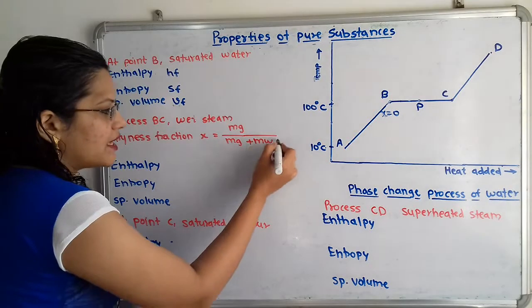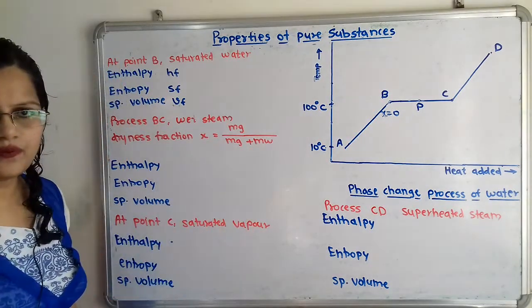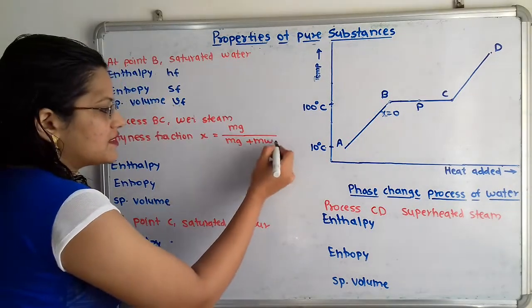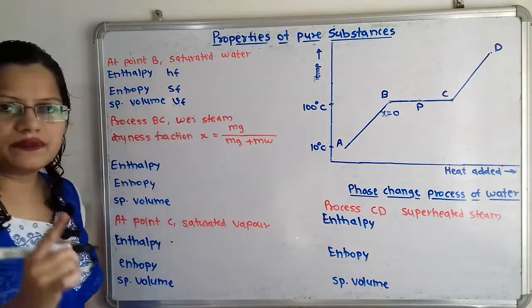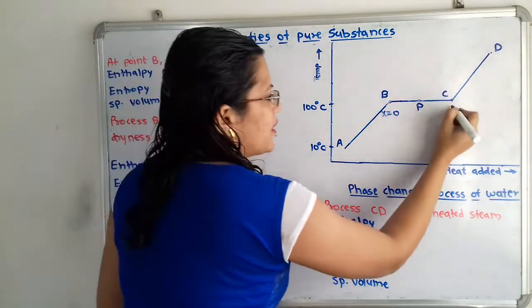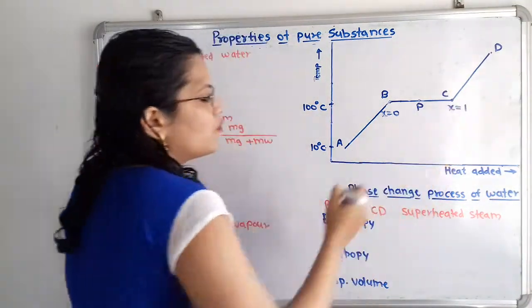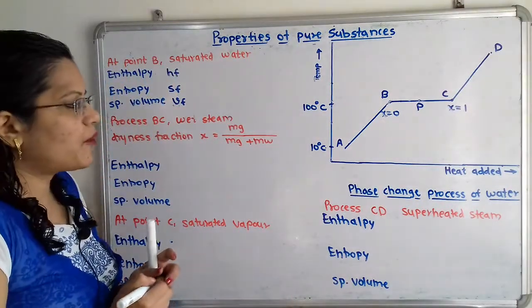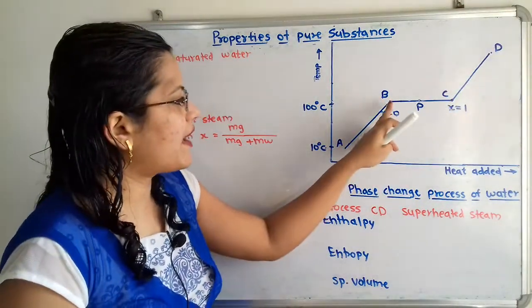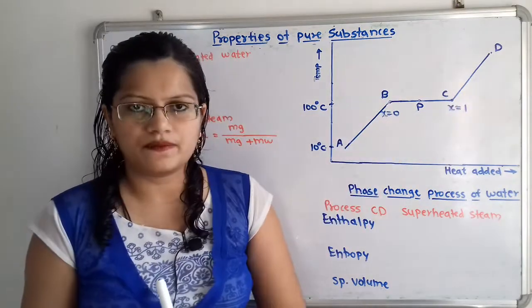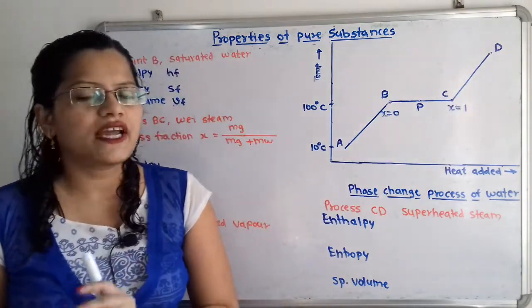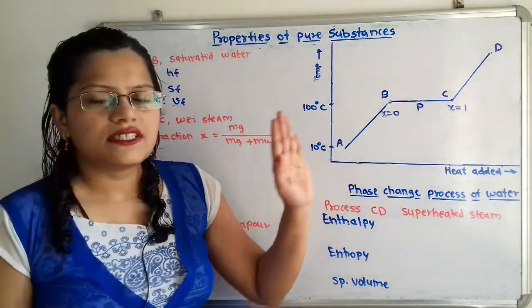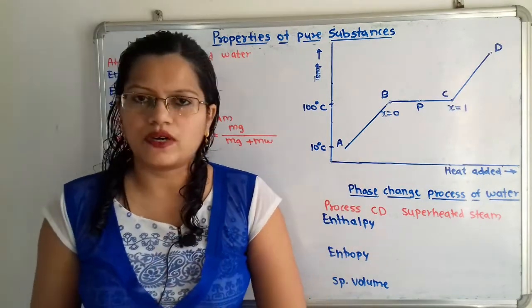That means this mw will become 0. So no water traces are there. So mg divided by mg is equal to 1. So at this point C, X is equal to 1. And any point in between this B to C varies from 0 to 1. So the dryness fraction at any point is always in between 0 and 1.